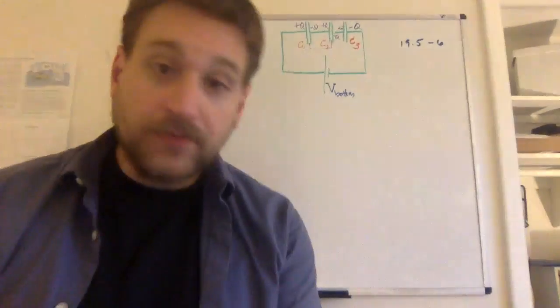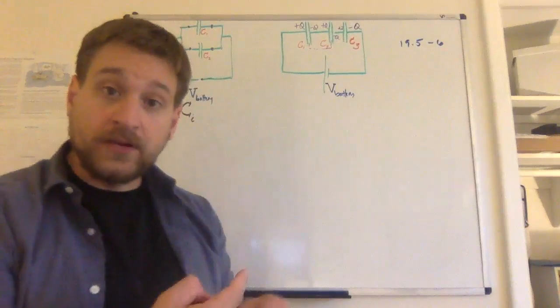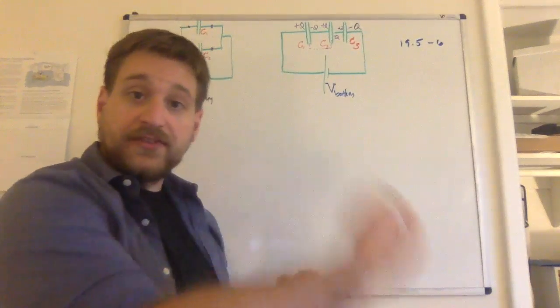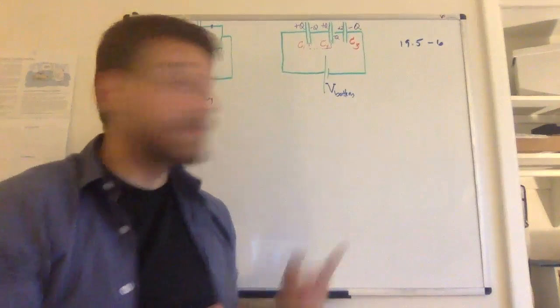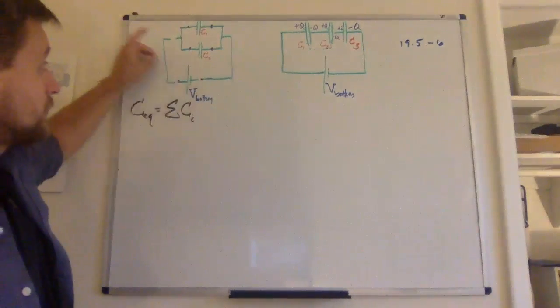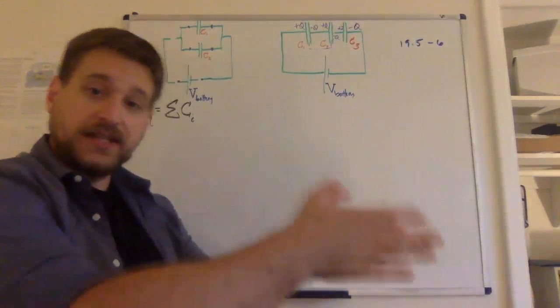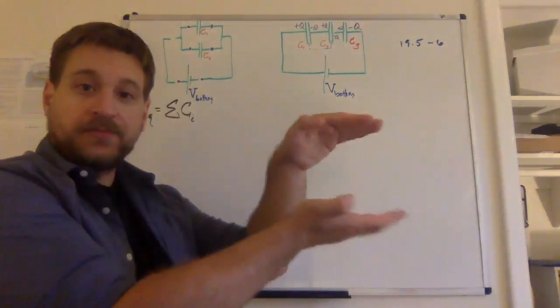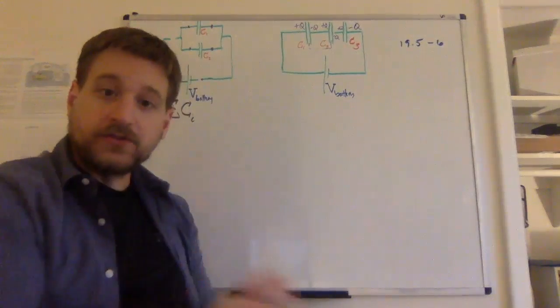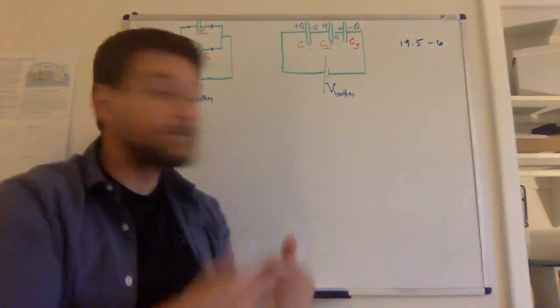And that's sort of like how in series, the current is the same everywhere. Right? Here we said the charge has to split and be accounted for on both pieces according to the total charge that we can move through the battery.